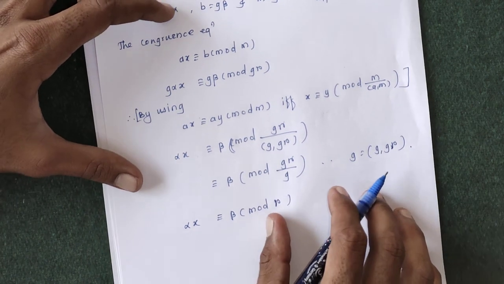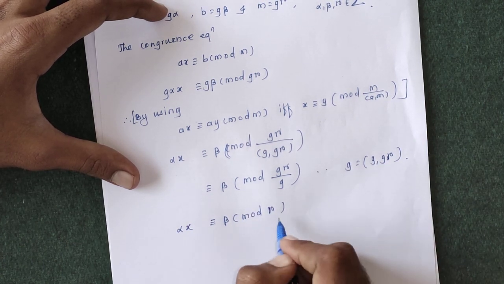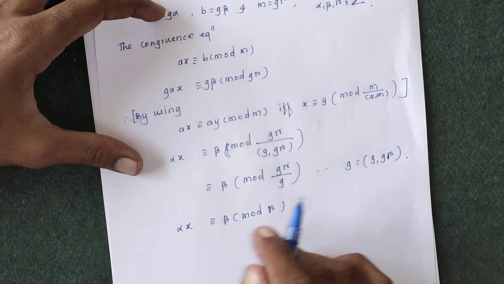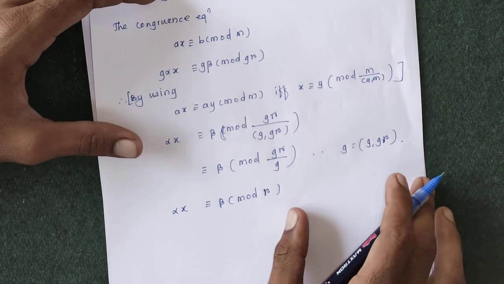Now we are just going to find x is congruent to some integer under modulo gamma. Now to prove this, we must use our given things.